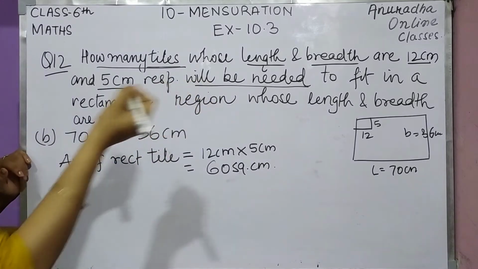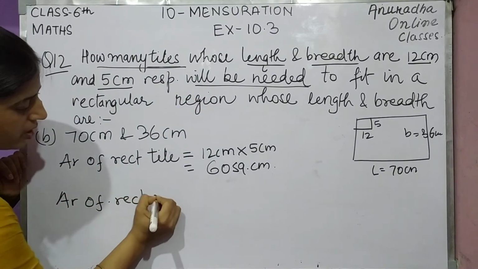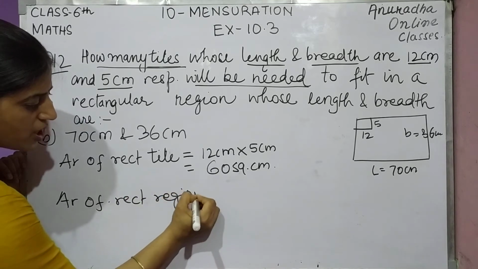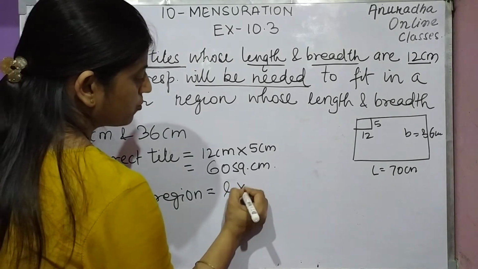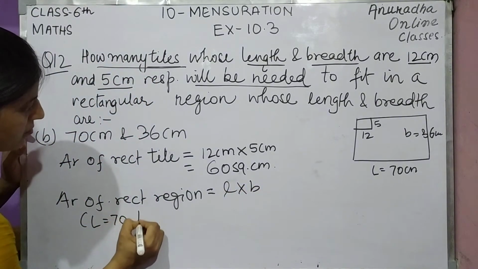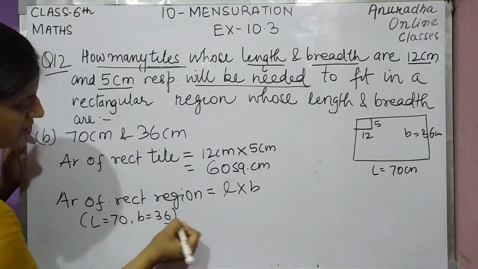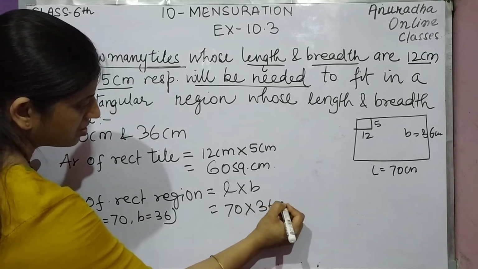Now, what is the area of rectangular region? आपको जहां पे उसको फिट करना है. That area is length into breadth. Here your L is 70 and B is 36, right? So this is 70 into 36 centimeter.